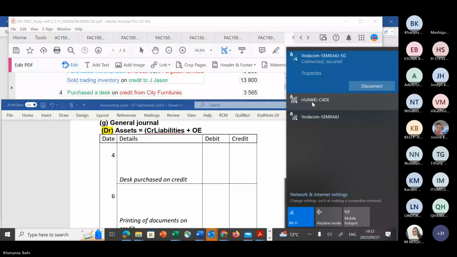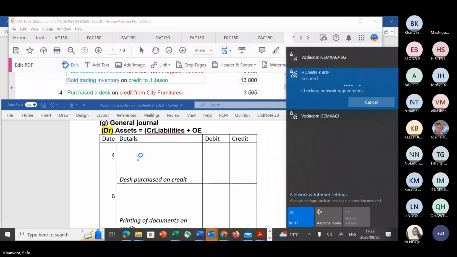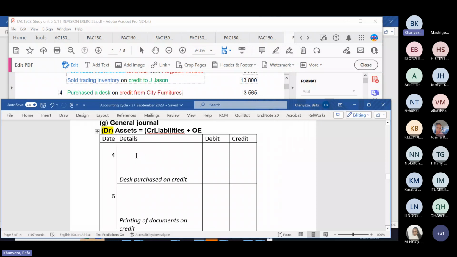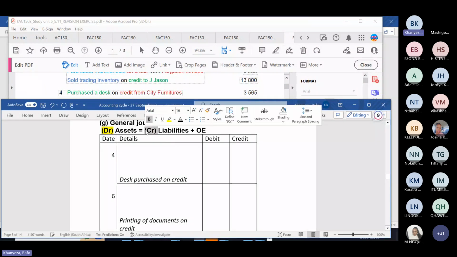Now, remember I said we debit assets, and then we credit liabilities and owner's equity.